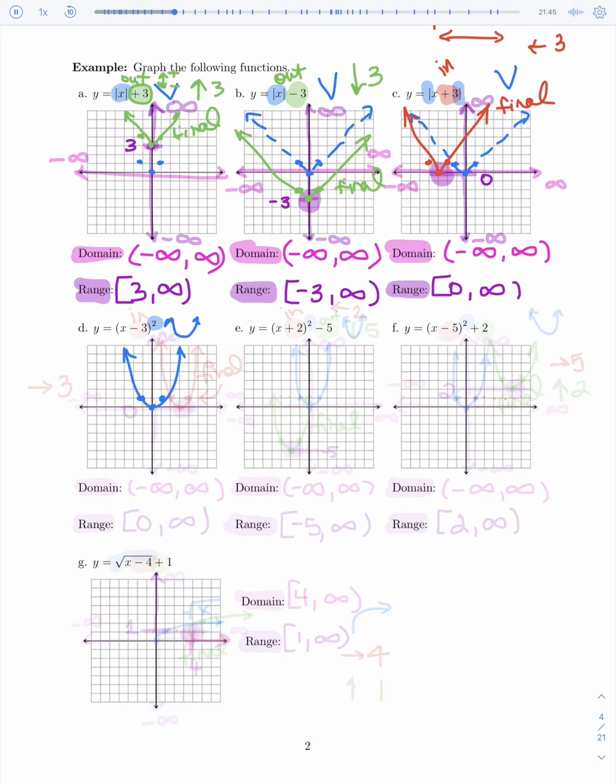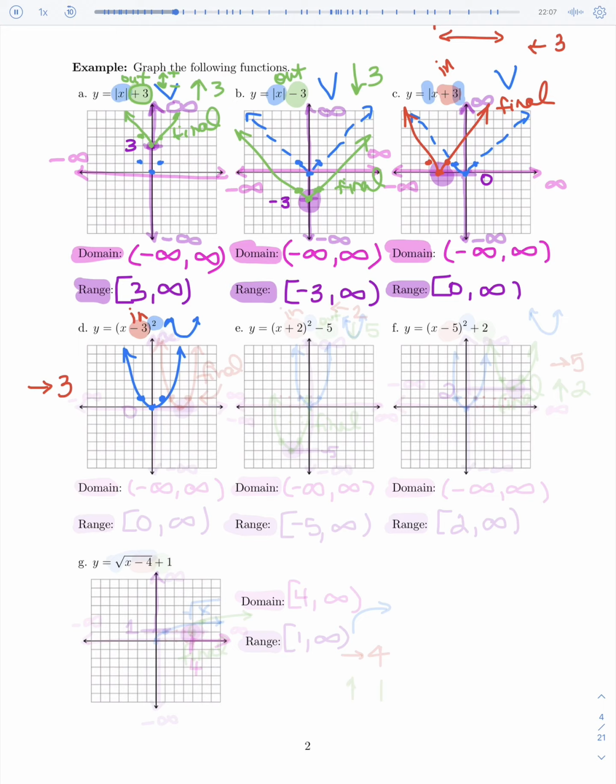However, this time we have a -3 to deal with. Notice the minus 3 is on the inside of the squared term. Because it's on the inside, it's going to be affecting x values, meaning we're going to move either left or right. Now, because it's a minus 3, we're actually going to do the reverse of what you'd think. We'd actually shift it right 3.